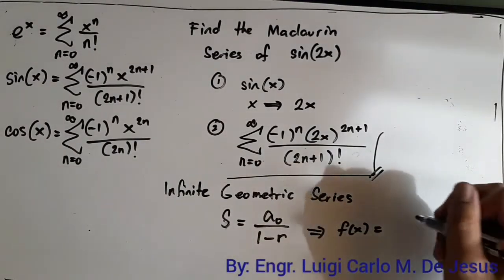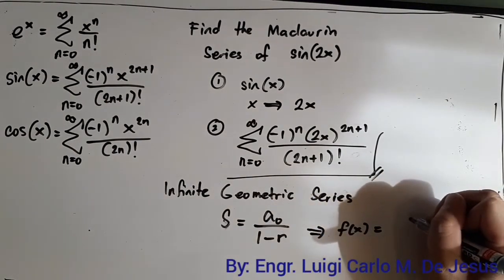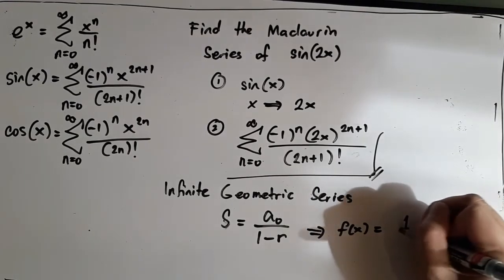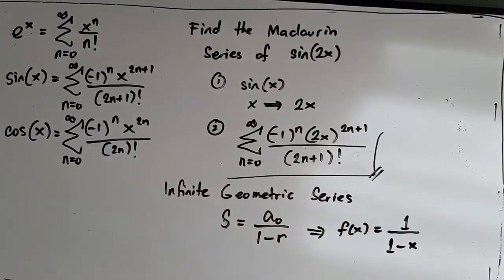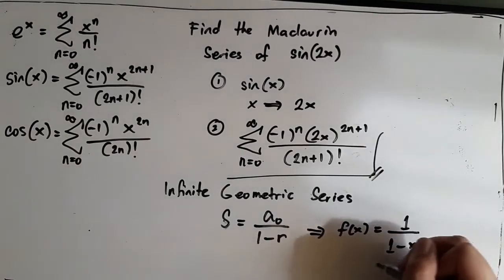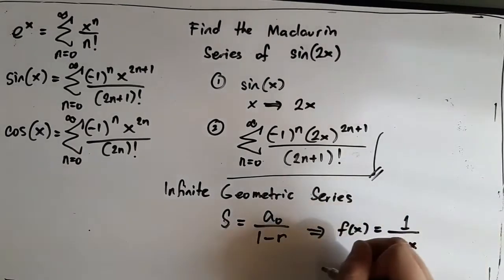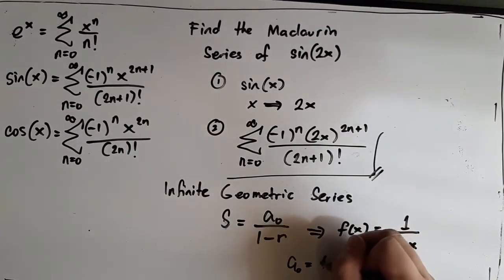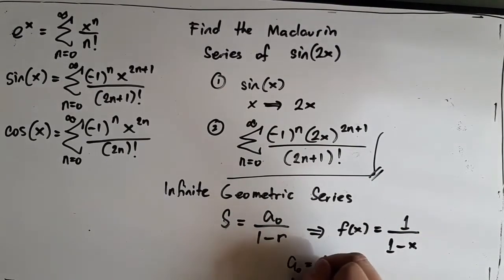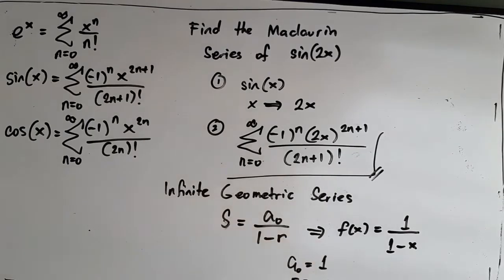So if we try the f of x, which is equal to 1 all over 1 minus x, they are somewhat equivalent to each other, wherein the a sub 0 for this equation is equal to 1, the r is equal to the x.